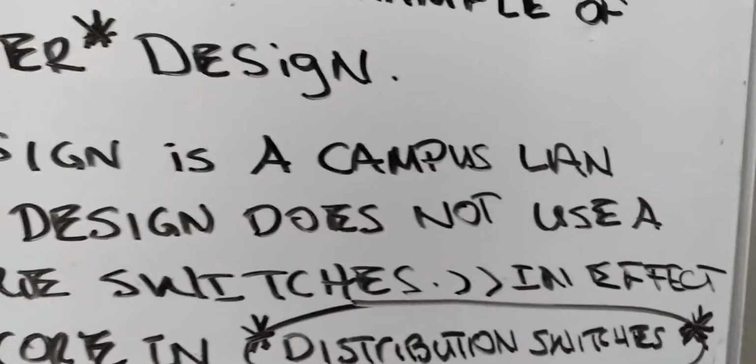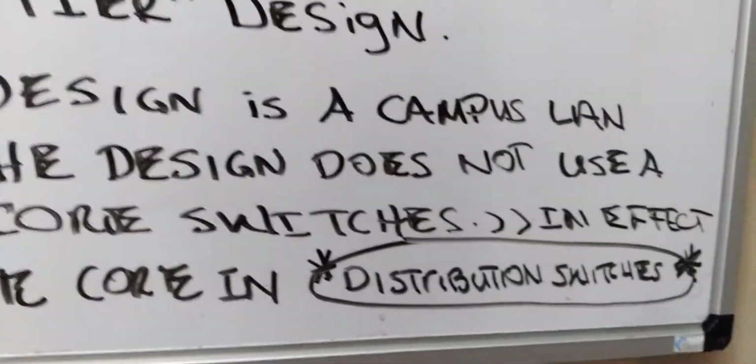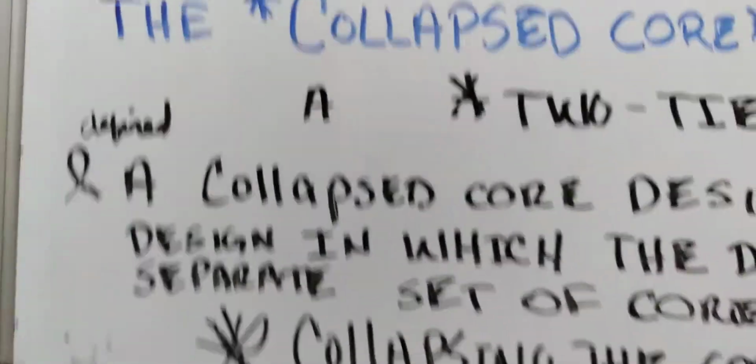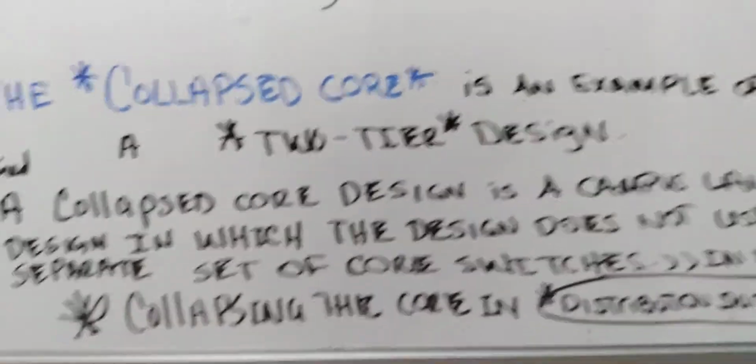A collapsed core design is a campus LAN design in which the design does not use a separate set of core switches, in effect collapsing the core into the distribution switches.